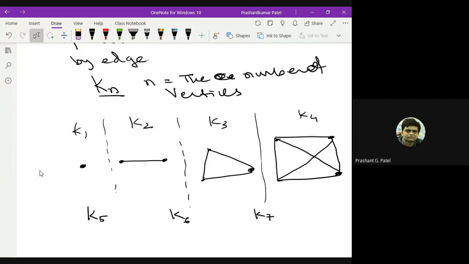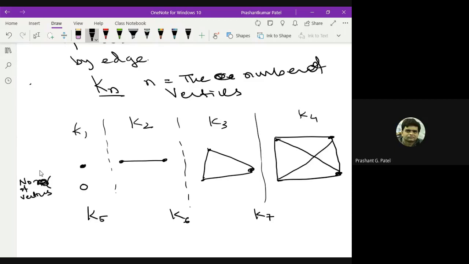And then count the number of vertices, if I denote the number of vertices as some notation here, so I may make a table. How many vertices are in K1?